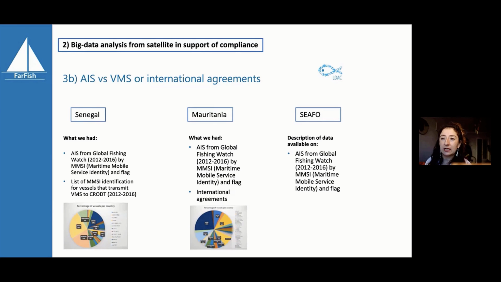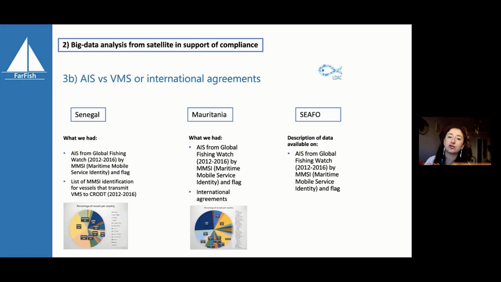So for Senegal, we have the list of ships that the CRODT gave us, and we compared these ships with the satellite information. This was made in cooperation with the LDAC, which is the Long Distance Advisory Council. And for Mauritania, this satellite data has also been taken and compared with international agreements within the countries involved.